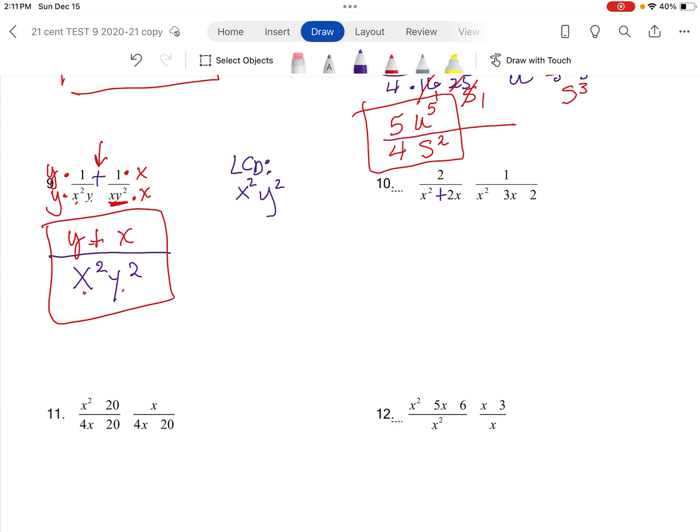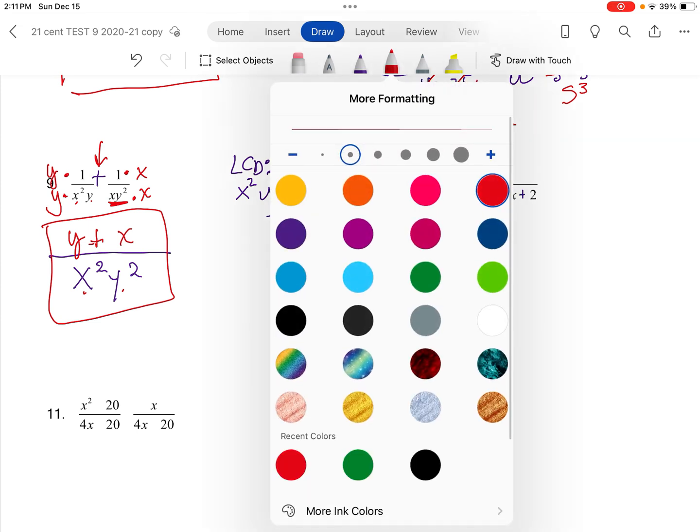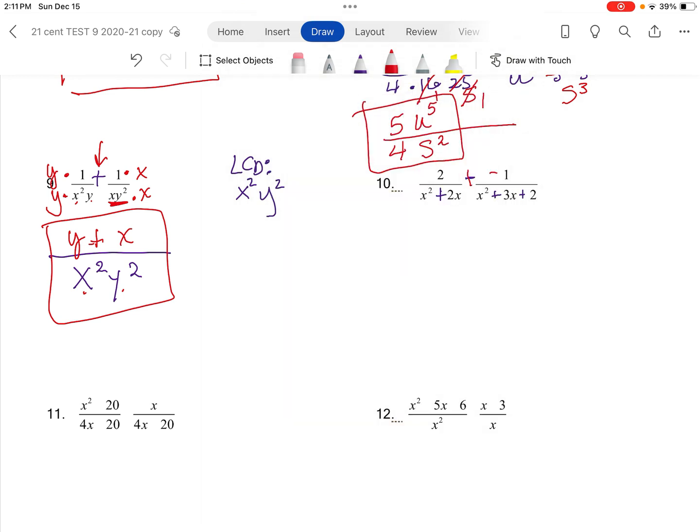This next one is a subtraction. Subtraction is adding, so I'm going to change this to add the opposite, and I'm going to put that negative up on top. My denominators need to be in factored form to find an LCD.